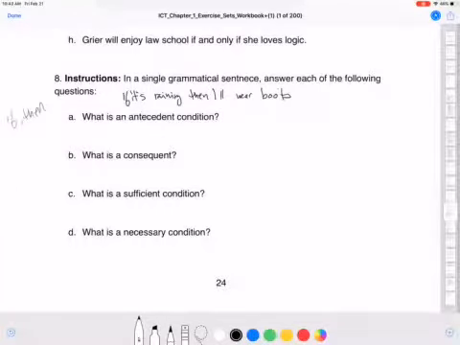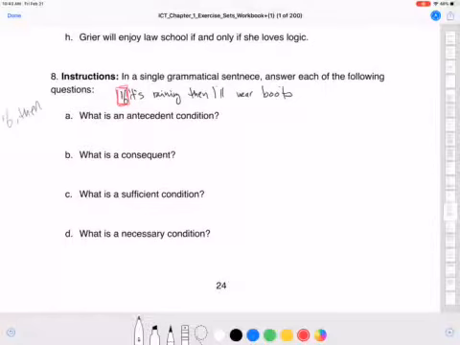When you have an if by itself, what comes immediately after the if is called the antecedent. Then, if is often paired with then, not always, but often. What comes after the then is called the consequent.